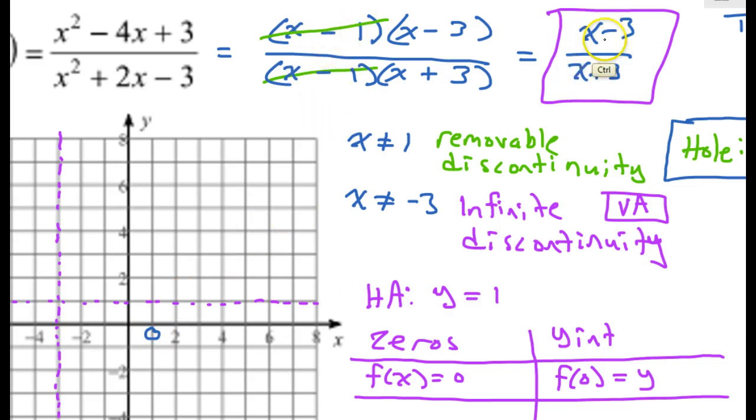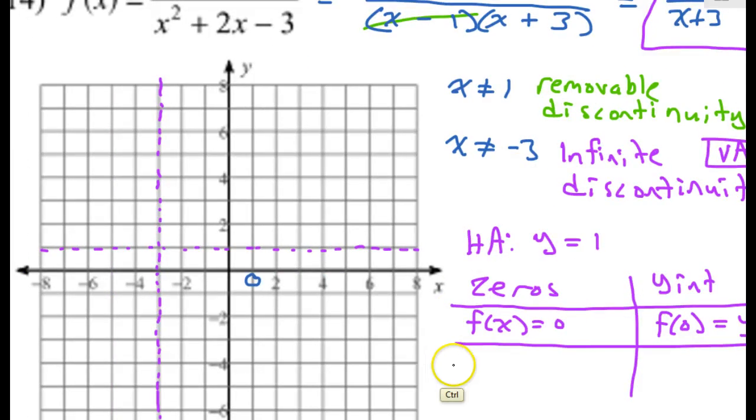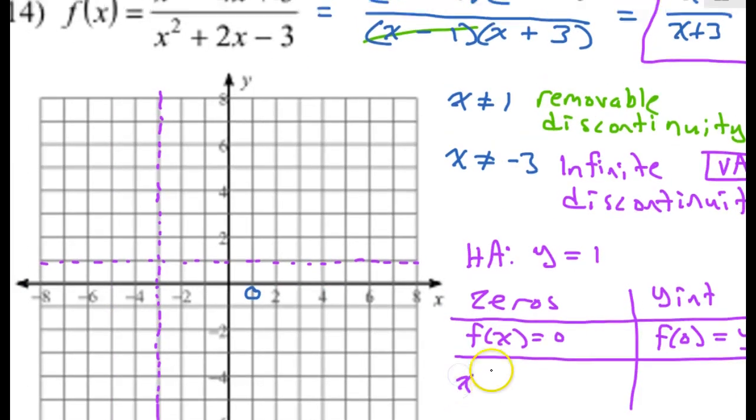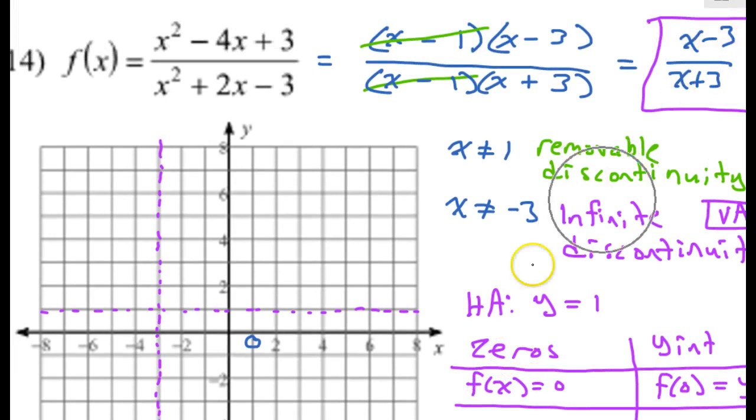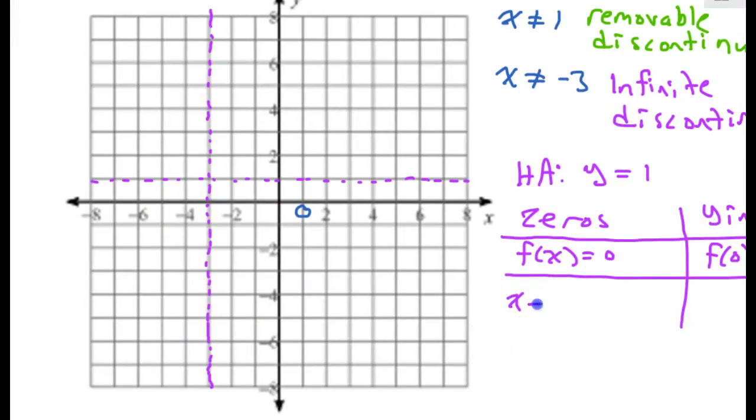So I'm setting this equal to 0 to find the zeros. The only way this fraction is going to equal 0 is if the numerator equals 0. The denominator can't equal 0. So the only way is if x minus 3 equals 0. That's the only way. So if x minus 3 equals 0, then that means x equals 3.